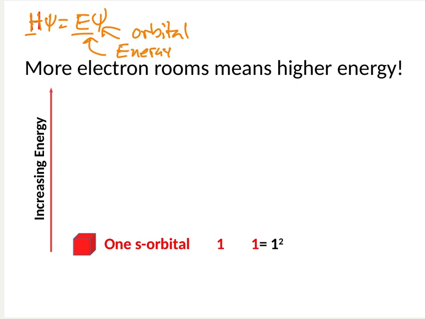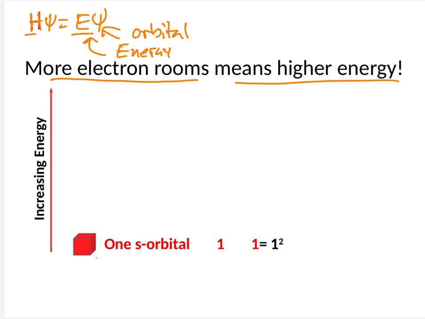So with each one of these orbital solutions, there corresponds a specific energy that the Schrodinger equation tells us, right? And to appreciate the relative energies of these different orbitals, it turns out that we can, like I said, draw on this housing analogy. The principle is pretty simple. The more electron rooms you have, the larger house you're building, the higher the energy.